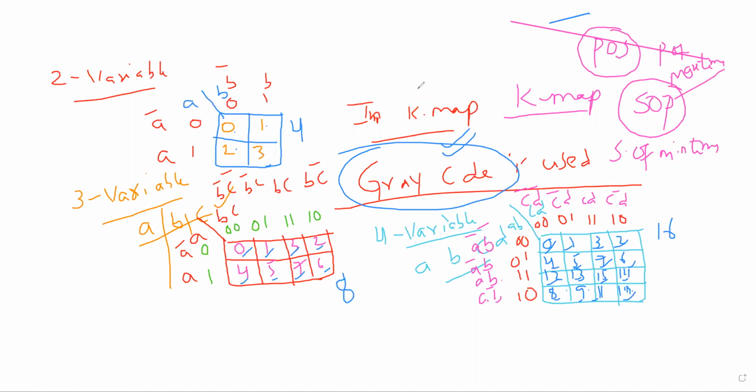Okay, now the same thing we have to observe here, an important point. For two variables we are having 4 cells. Now let AB be the inputs.